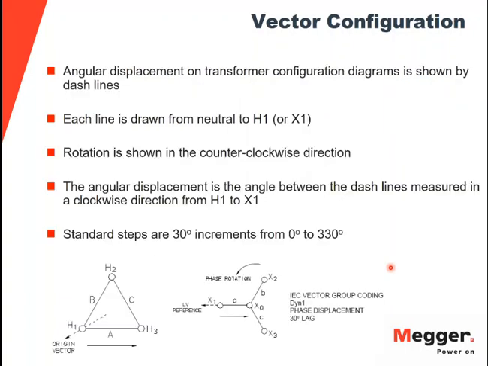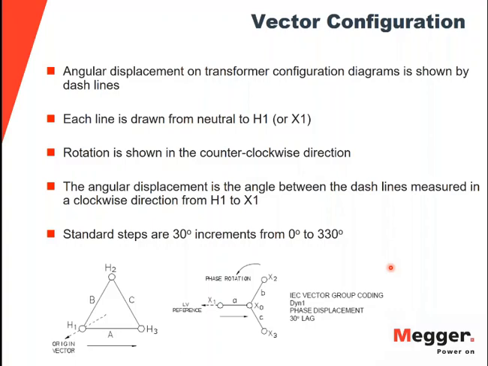Now, when you look at the nameplate, you would see a delta or a Y connection on either the primary or the secondary side. And as I mentioned earlier, it would be called a DYN because delta is on primary, Y is on secondary with accessible neutral. But then you also see something like DYN1 or DYN5. So the last number corresponds to the phase angle difference between the primary and the secondary line-to-line values.